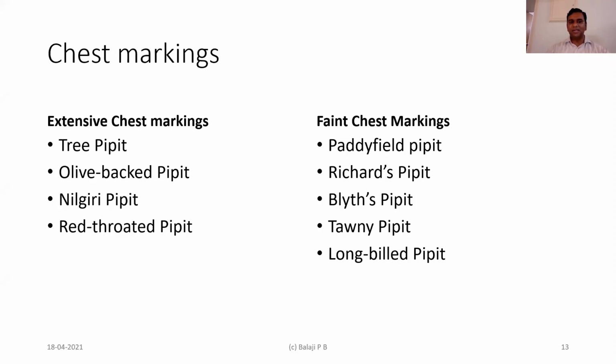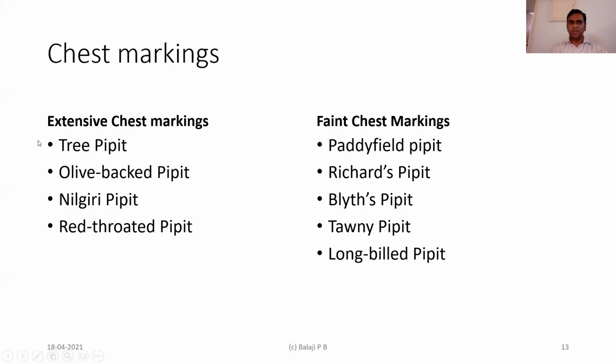They have very extensive chest markings, whereas the paddy-field, Richard's, Blyth's, tawny, and the long-billed pipit have very faint and in some cases non-existent chest markings. They won't have any chest markings at all. For example, tawny pipit sometimes can show no chest markings at all. So the chest markings are a very important identification pointer.